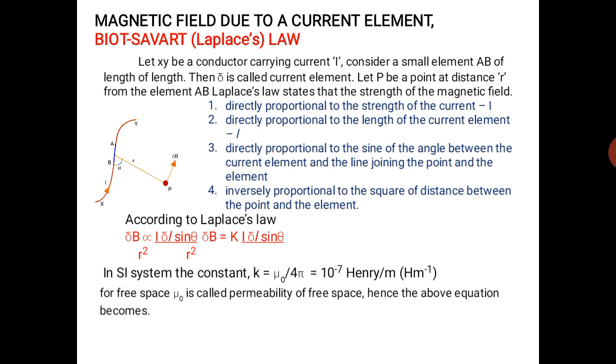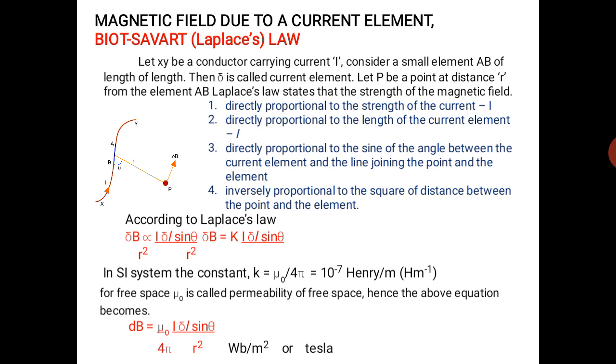Hence the above equation becomes dB equal to mu naught upon 4 pi I dl sin theta upon r square.